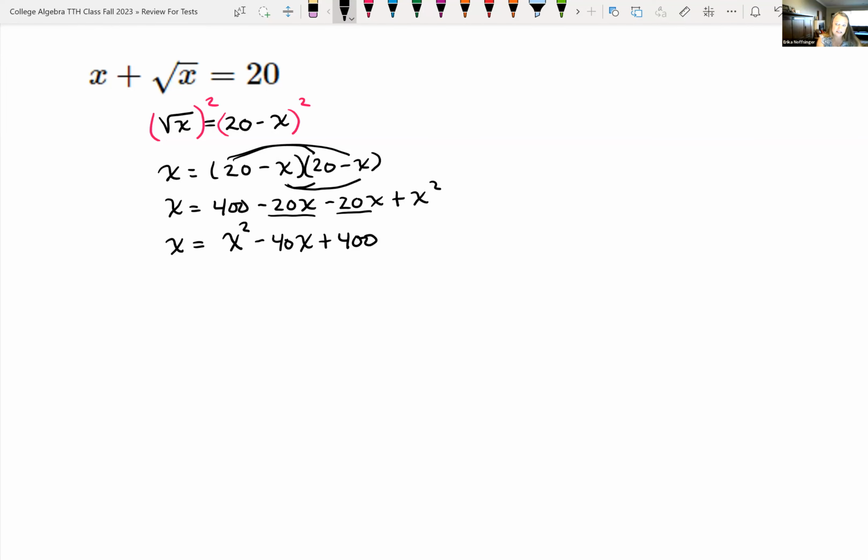I notice this is a quadratic equation, so I'm going to get everything to one side of the equation. And so we're going to subtract x, and we're going to get x squared minus 41x plus 400 is equal to 0.